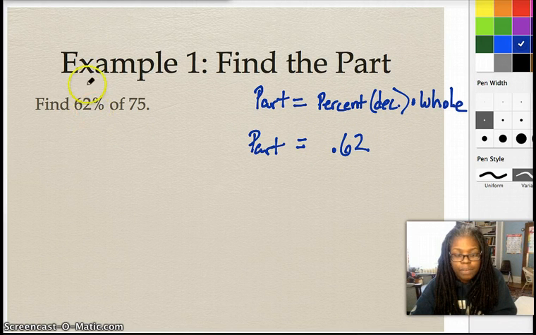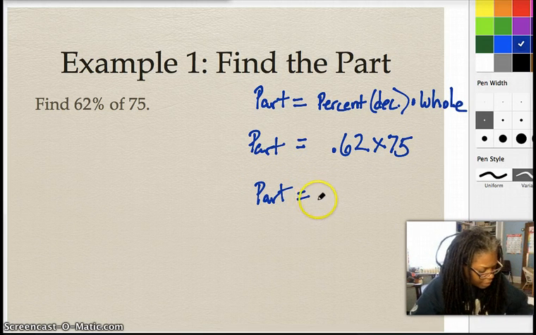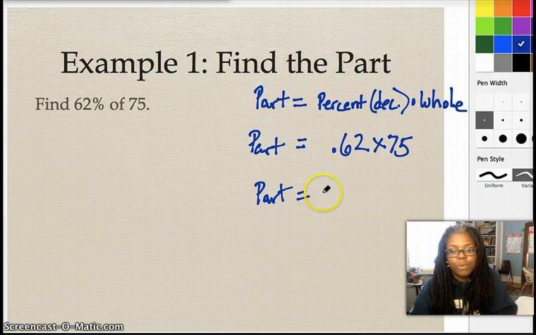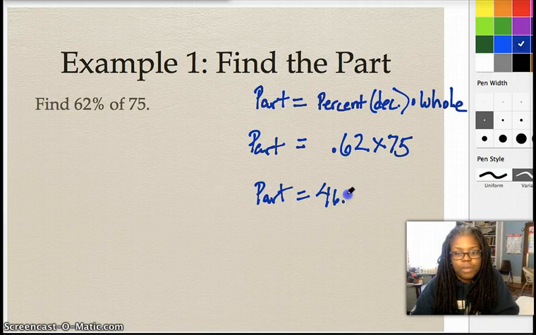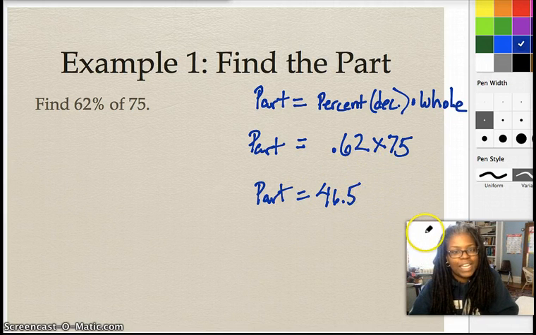Remember, to write a percentage as a decimal, we divide by 100, and that means moving the decimal place two places to the left. And I'm going to multiply by 75. When I do that, I get that the part I'm concerned with is 46.5. So 46.5 is 62% of 75.